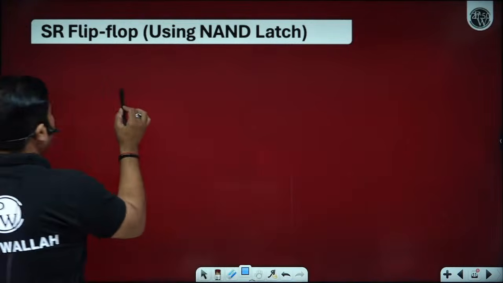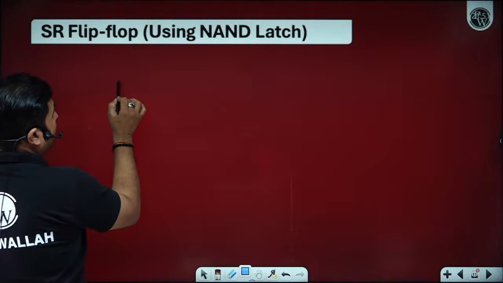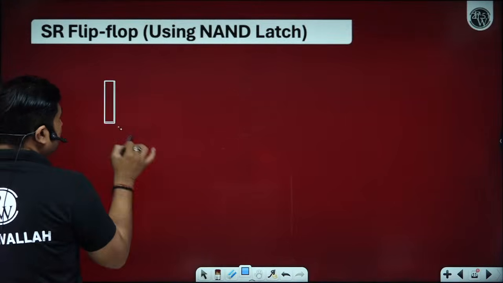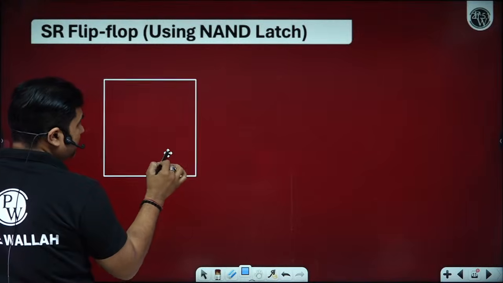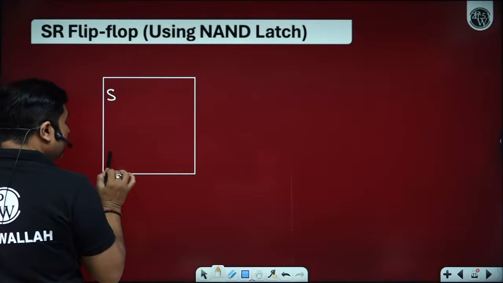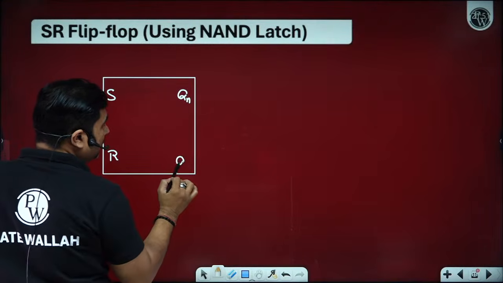An SR flip-flop can be designed by using either a NAND gate or a NOR gate. First I am using a NAND latch for the SR flip-flop. In the SR flip-flop, we have 2 inputs S and R, and we have 2 outputs Qn and Qn complement.